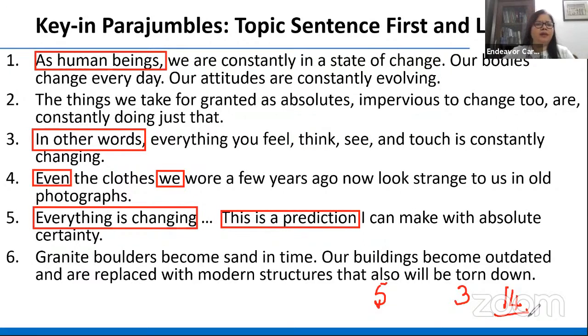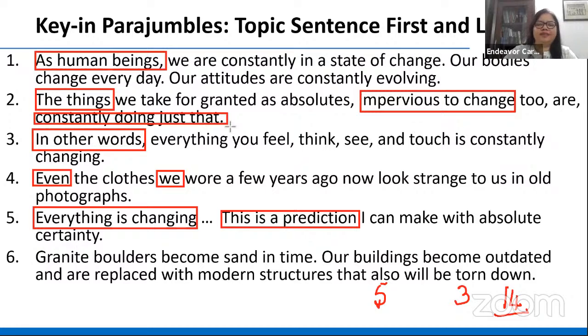1 and 4 seem to be giving an example of how human beings change. Why am I linking this up? Because when I look at 2, what does 2 say? The things we take for granted as absolutes, unchanging, the ones that are impervious to change are constantly doing just that. They are also changing. So 2 talks about things. 1 talks about human beings. That's why I connect 1 with 4.